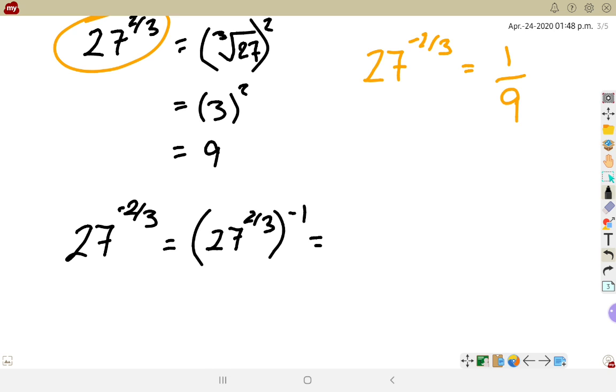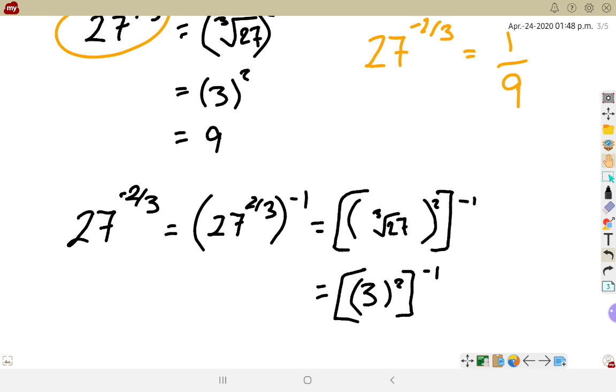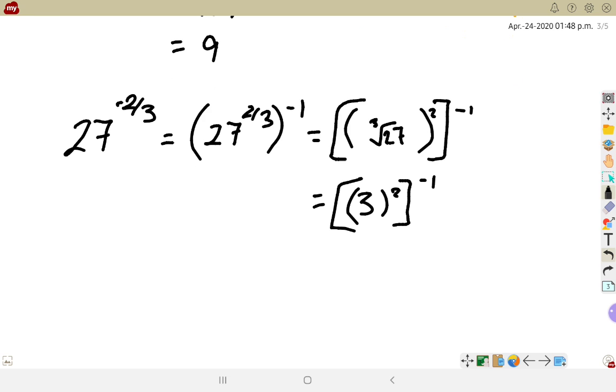Well, I know that this is then the cubed root of 27, and it's going to be squared, and then it's got that exponent of negative 1. I know the cubed root of 27 is 3, and 3 squared gives me 9, and then I have 9 to an exponent of negative 1, which is 1 over 9.